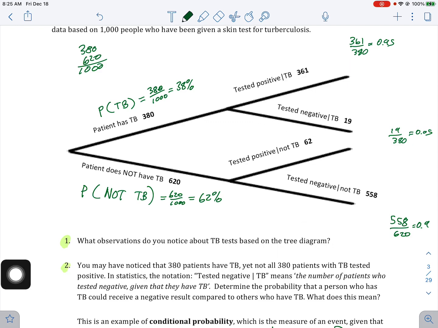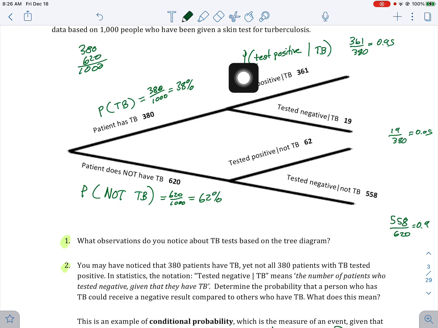All right. So, for example, we know that there's 380 who have TB, and of those, 361 actually tested positive. So you could write this a little bit different. You could say, what's the probability that it's tested positive given that, so that's the important thing, given that they actually have TB.